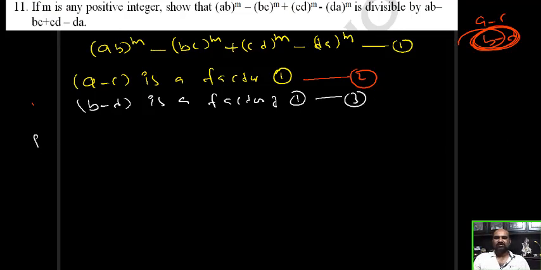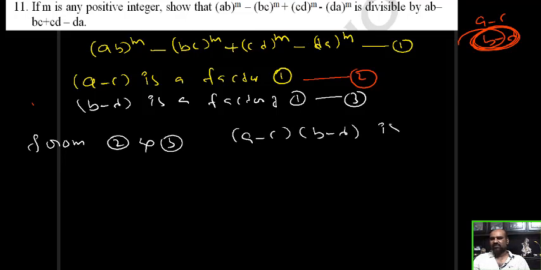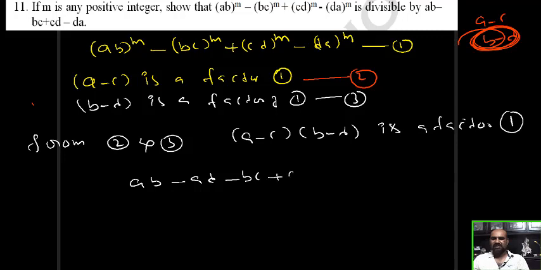From 2 and 3, a minus c into b minus d is a factor of 1. So I multiply this: ab minus ad minus bc plus cd is a factor of 1. That is what we want to prove here.